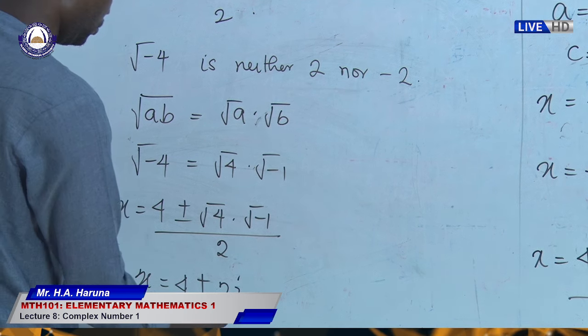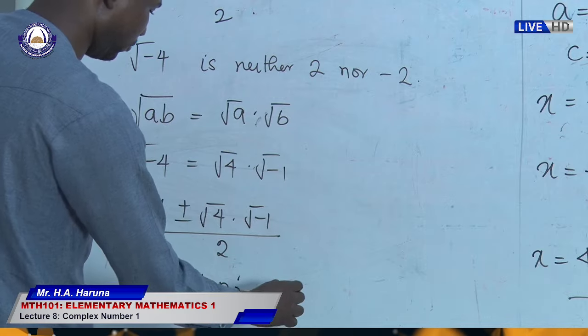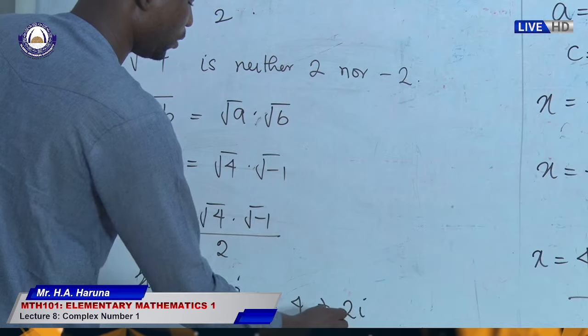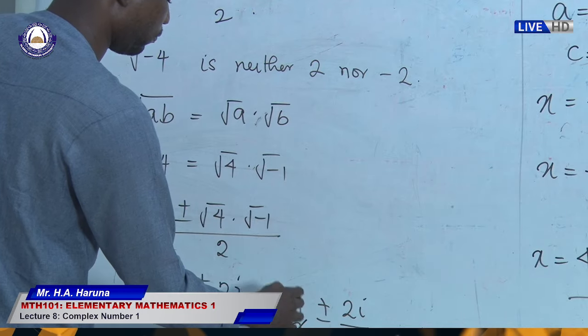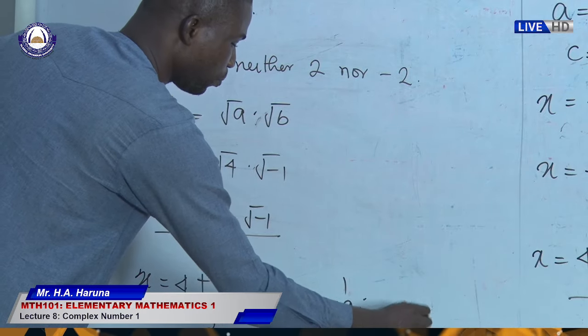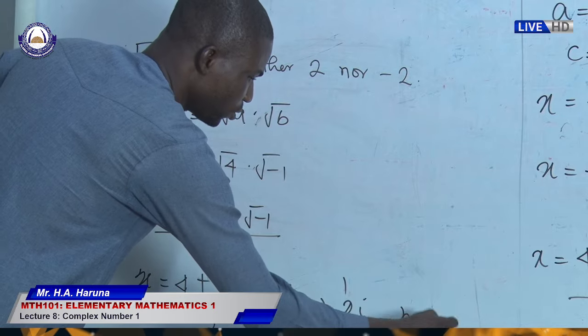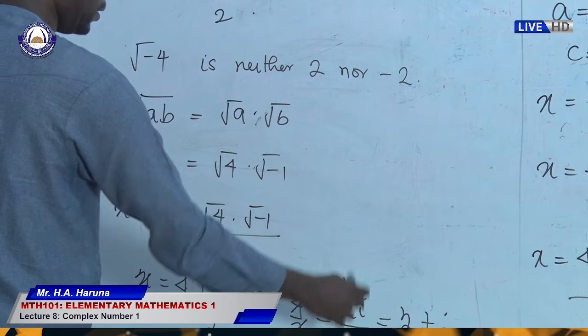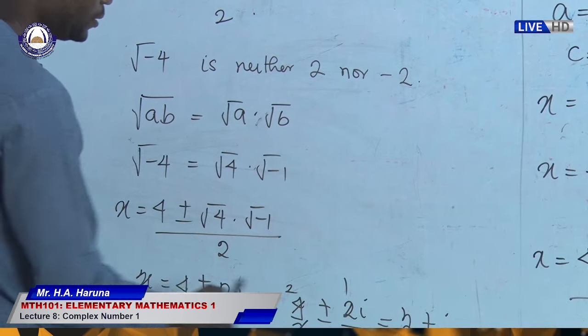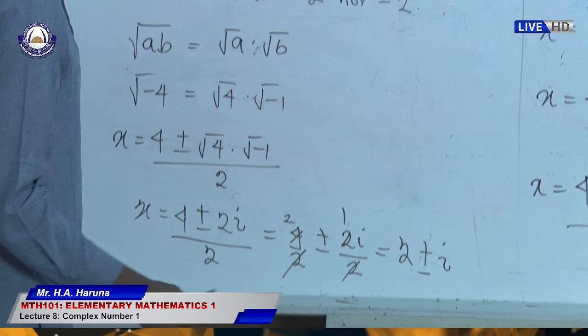This gives us x equals 4 plus or minus, the square root of 4 is 2, and then the square root of minus 1 is i, over 2. By the time you split them, 4 over 2 plus or minus 2i over 2. 2 in 4 is 2, 2 in 2 is 1. Then you arrive at 2 plus or minus i. The i is referred to as the imaginary part, and the 2 is referred to as the real part.